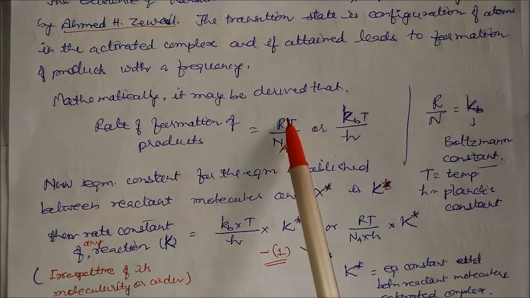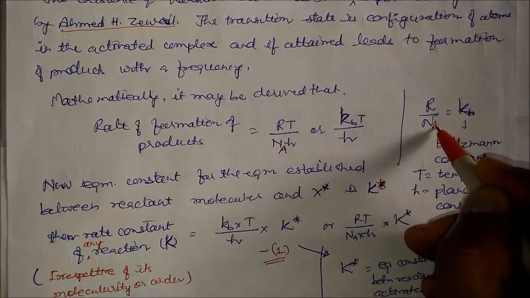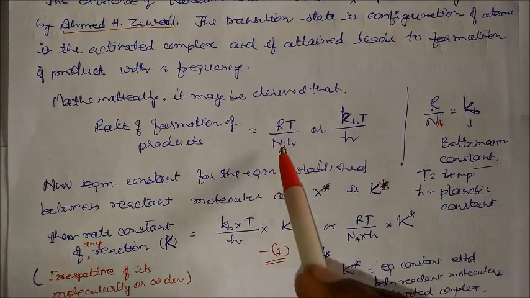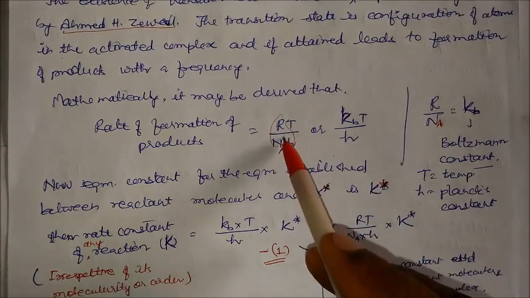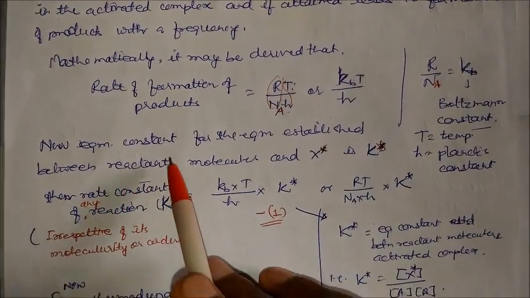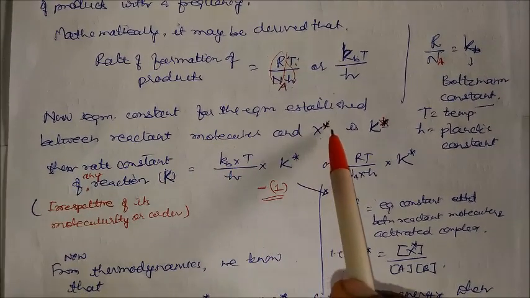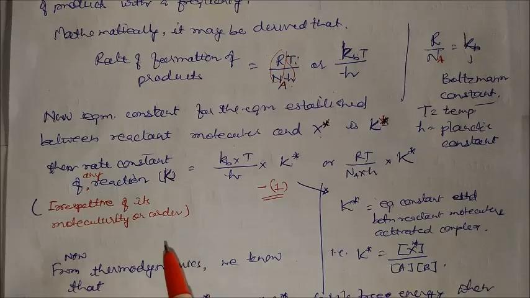R by Na is called the Boltzmann constant, that is Kb. So we can write the whole equation as Kb into T upon h. Now the equilibrium constant for the equilibrium established between the reactant molecules and the activated complex is K star.